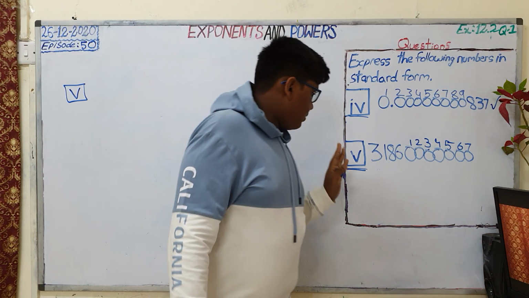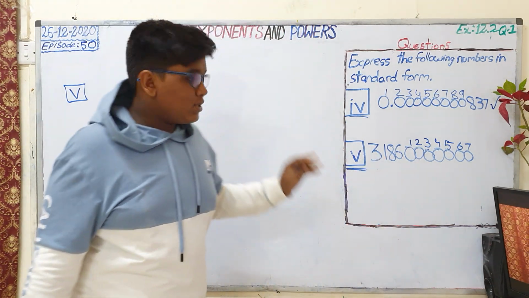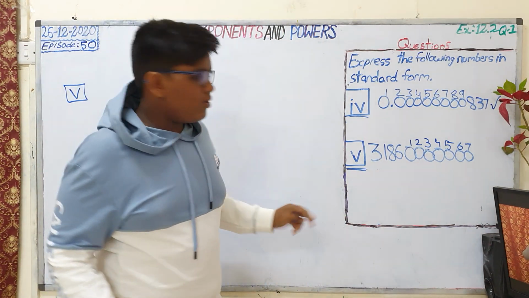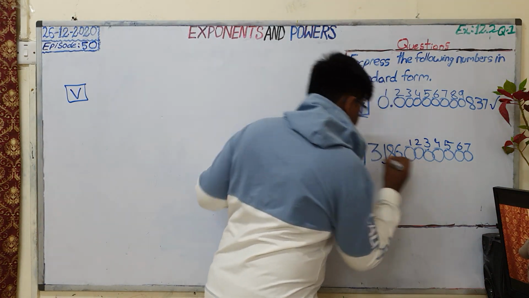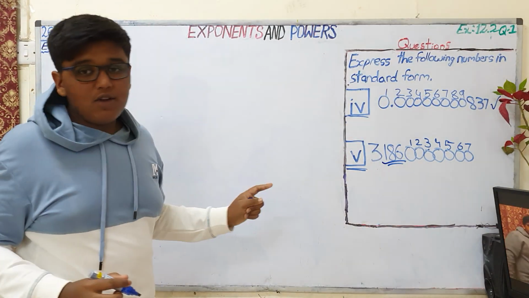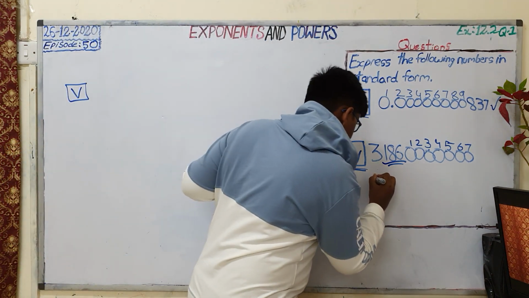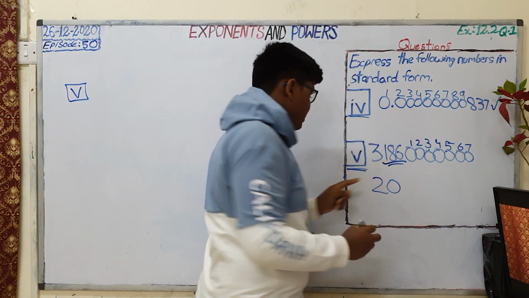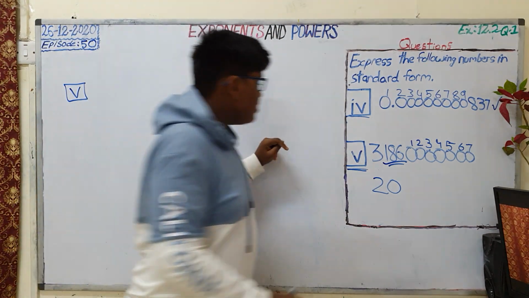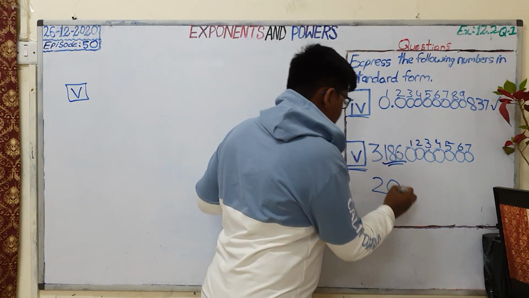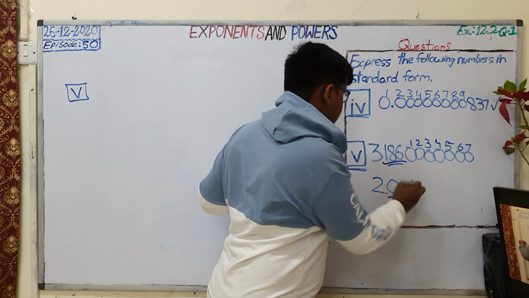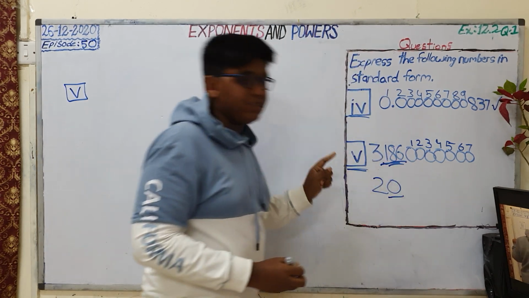But here we don't have any decimal point, so that's why we'll include these 3 numbers also. In our third question we had 0 there, and in our fifth question we have 1.